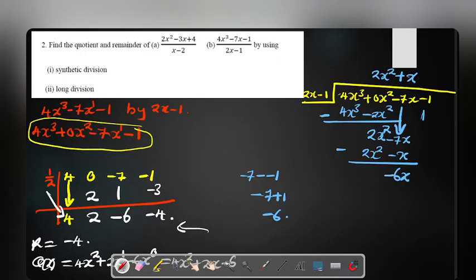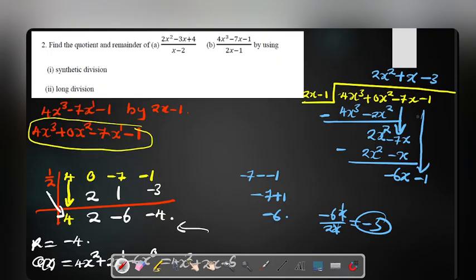So what do we do? This negative 1, we drop it to here. And again we start with this negative 6x divided by 2x. X cancels, we have negative 3. So that negative 3 is the one that we're going to put here.